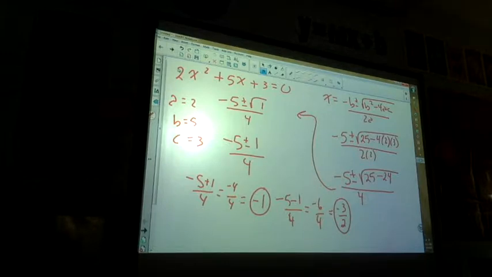Anywhere up there that you have a question? Yeah. What's the square root of 1? There you go. Any other questions? On this question here. All right.